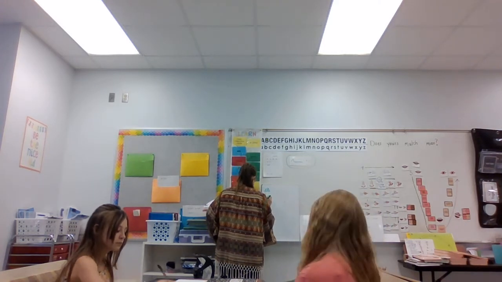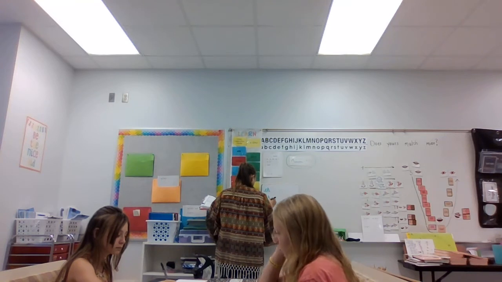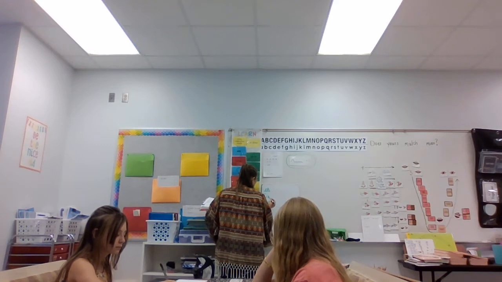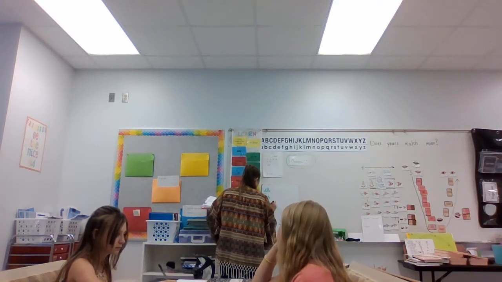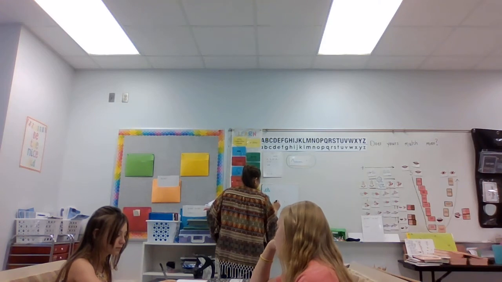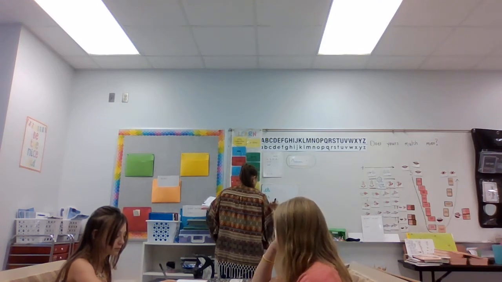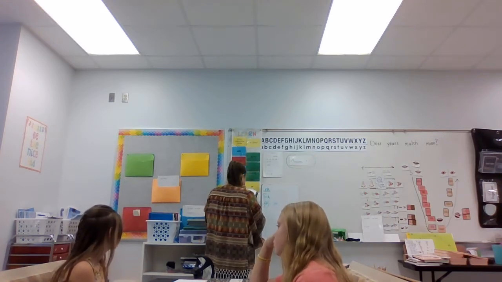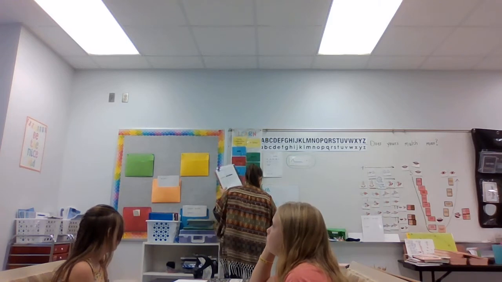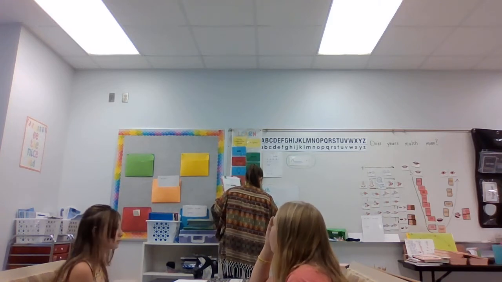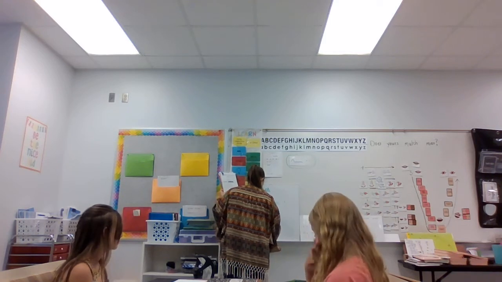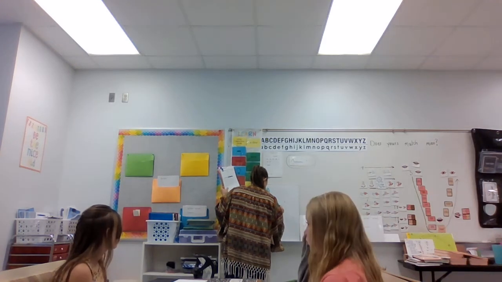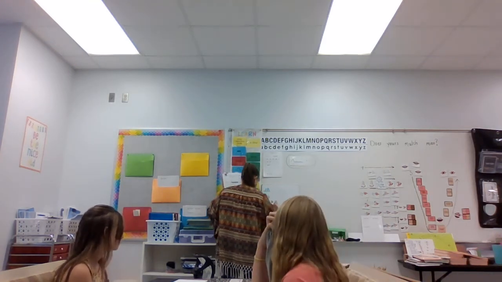And code it. Accented syllable. Okay. A after W says aw. Code it with a diaeresis.